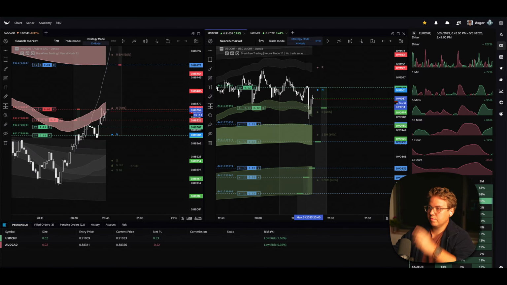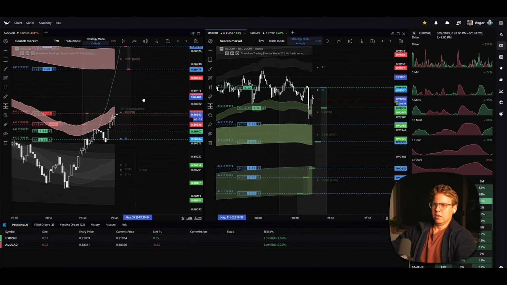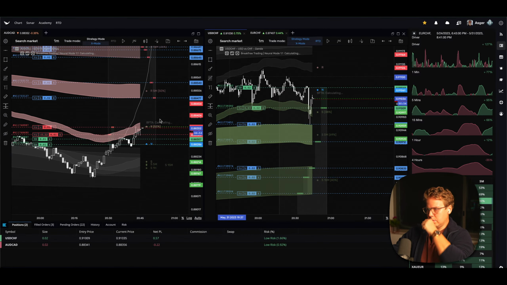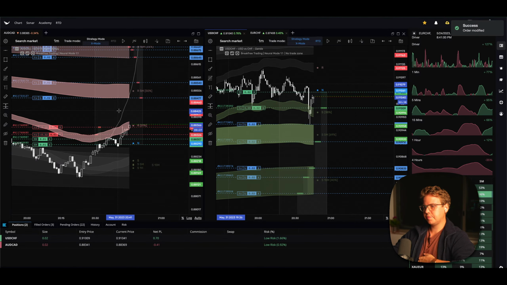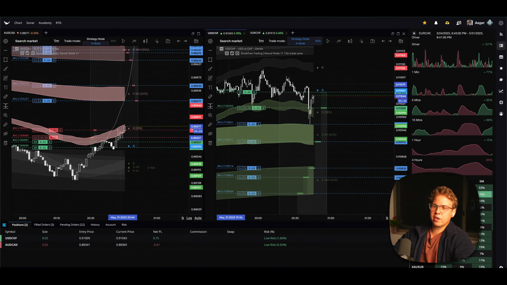You can see this turned out well. And now AUD CAD is still going. That's fine. This is very classic, you start to get a little bit left behind on a position. It's okay. The size that we're trading here is tiny.